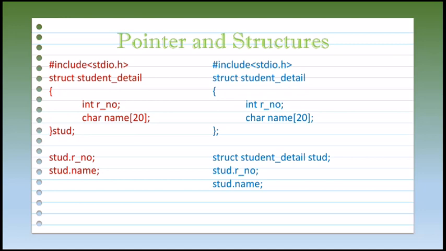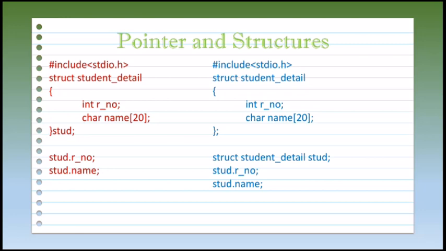We have declared the variable, that is stud, separately. Here the syntax for that is struct, then student detail, and then the variable name, that is stud. And to access the elements, we have to use the same method, that is the dot operator. So this is the normal structure variable accessing method.